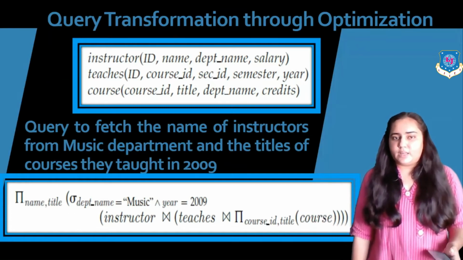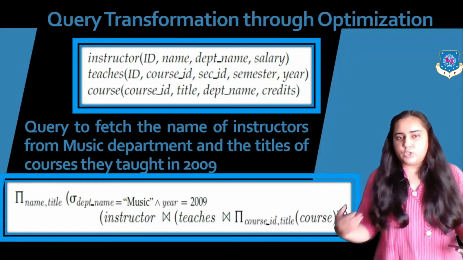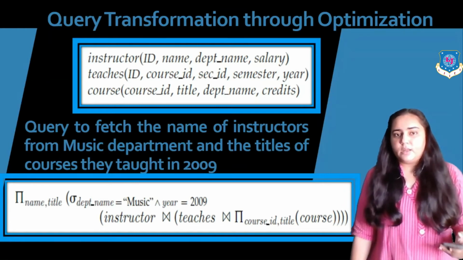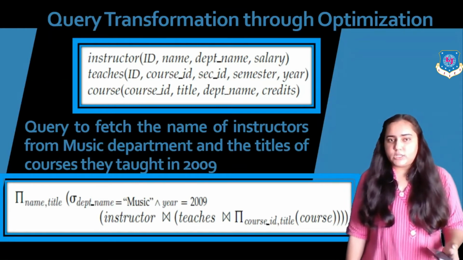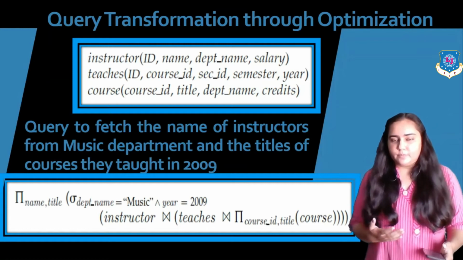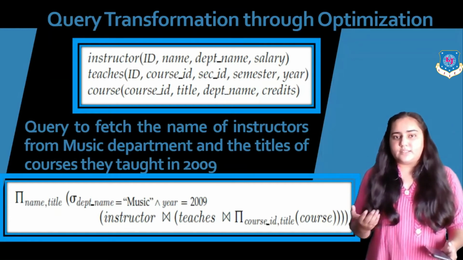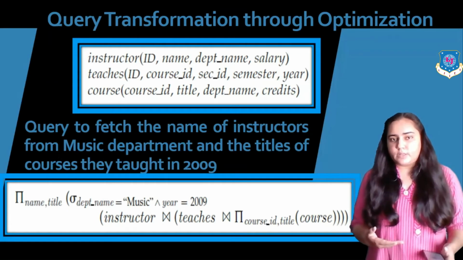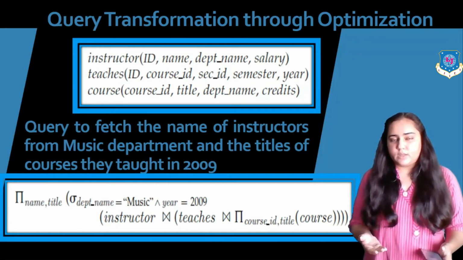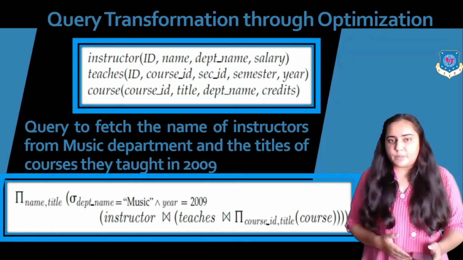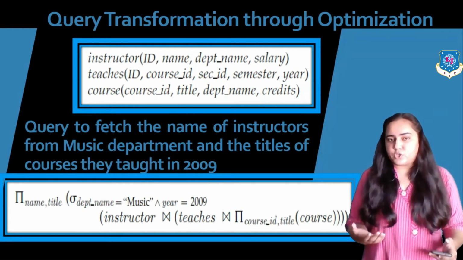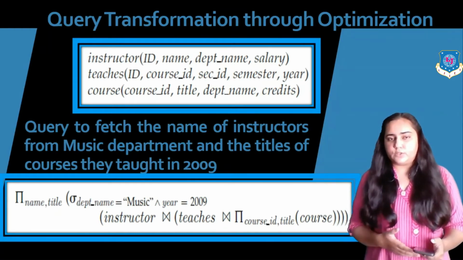And after doing that, I am doing a sigma condition. In the sigma condition, I'm mentioning the 2 conditions that are given. One is that the year should be 2009. And the second condition is that the department name should be music. So those 2 conditions have been applied with the and conjunction operation between the 2.